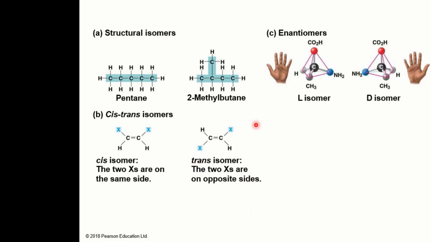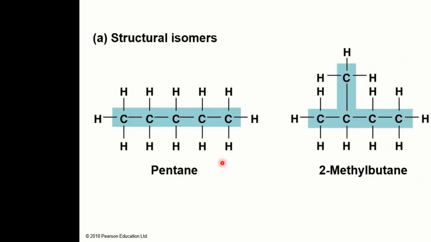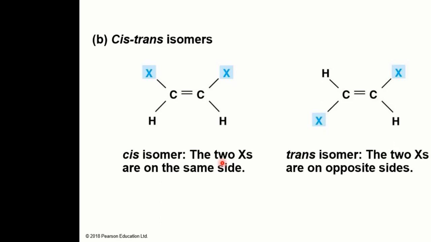Here you can see the hydrogens are arranged on the same side, but here they are arranged on opposite sides. And this is again the explanation of structural isomers, and again the explanation of the cis-trans isomers, where in the cis isomer the two atoms are on the same side, and in the trans they are on opposite sides to one another.